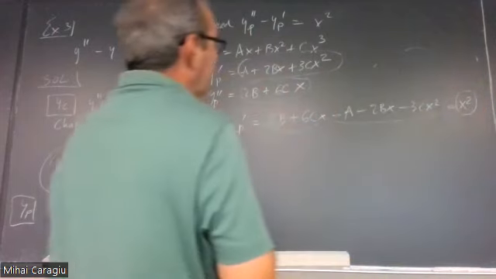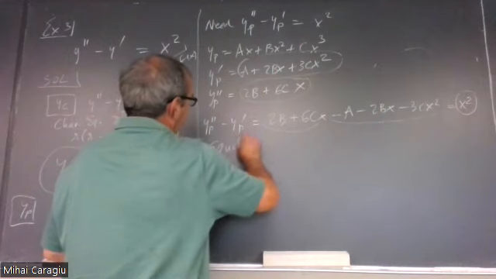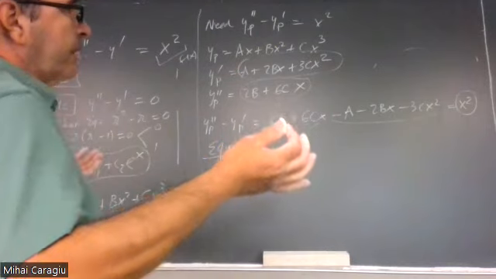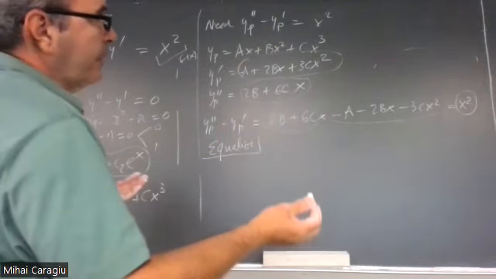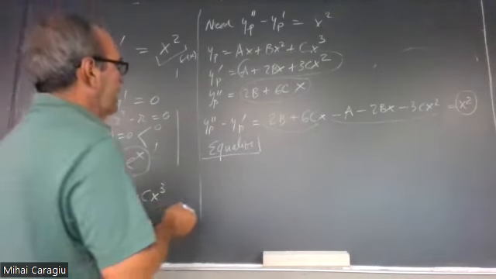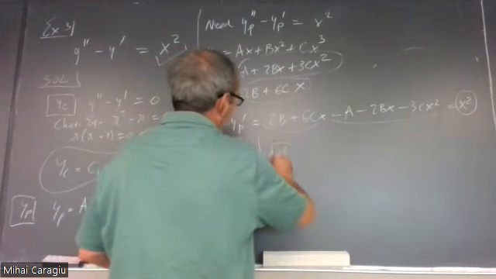Now we start what we call equalizing. What do I mean equalize? Coefficient of x squared to the left equals coefficient of x squared to the right. Coefficient of x to the left equals coefficient of x to the right. Okay, so let's equalize x to the power 2 to the left and the right.